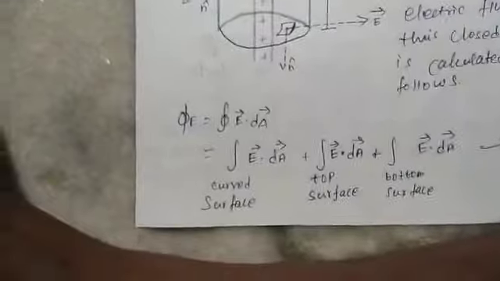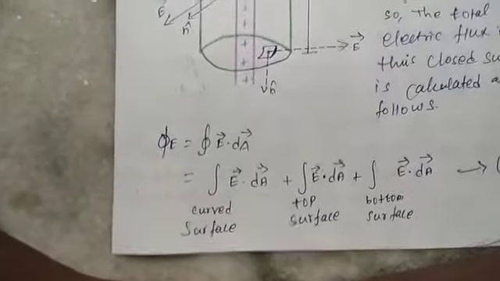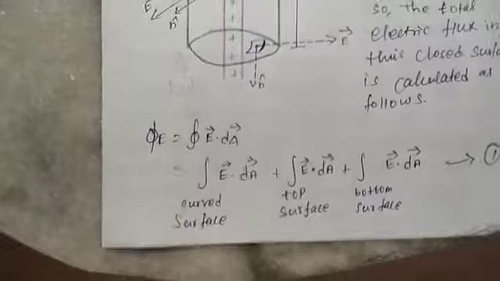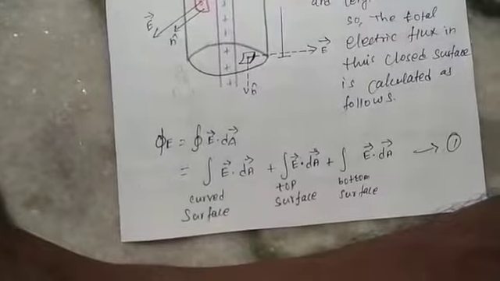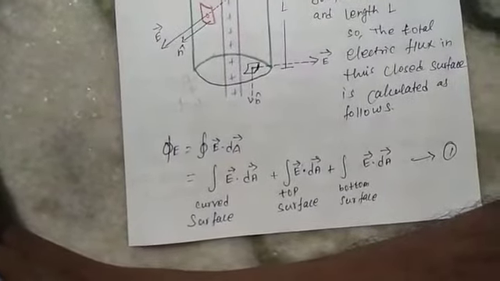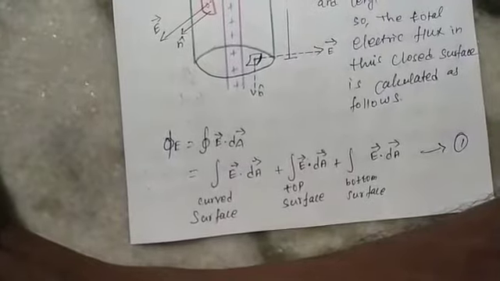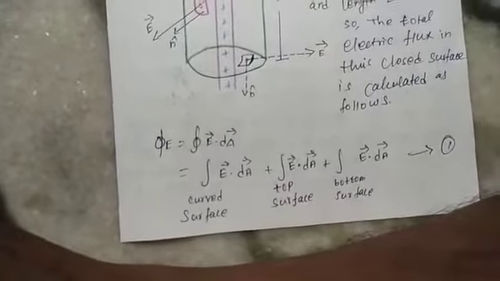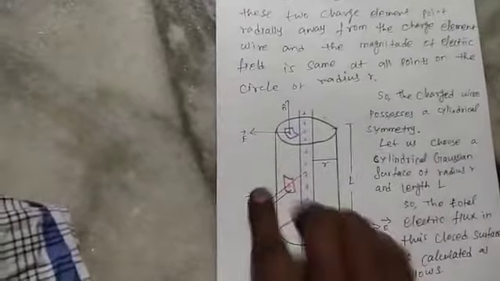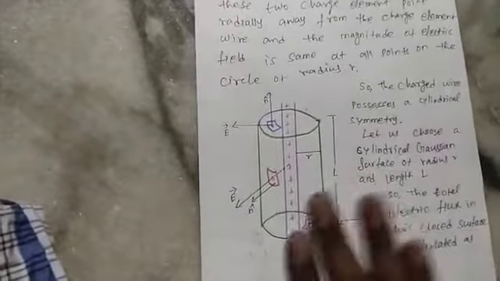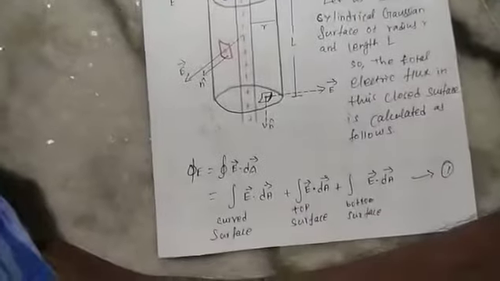Phi equals the closed integral of E vector dot dA vector, which is the curved surface integral of E dot dA plus the top surface integral of E dot dA plus the bottom surface integral of E dot dA. These three portions will be added.